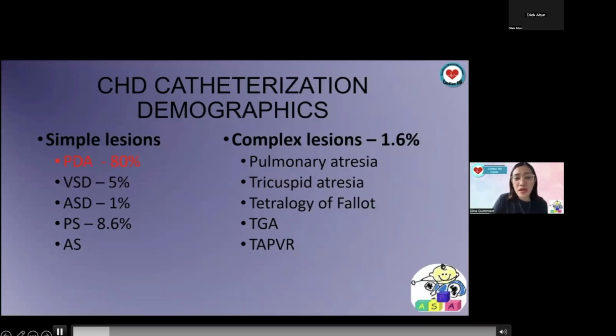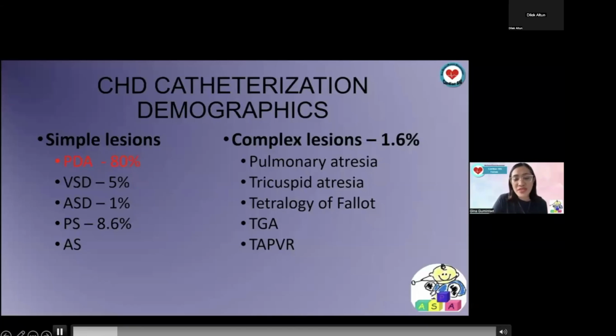This includes pulmonary atresia, single ventricle physiology, tricuspid atresia, the tetralogy of Fallot, the TGAs, the total anomalous pulmonary venous return. The simple ones, we can group them. We have the PDAs, simple VSDs, the simple ASDs, those with isolated PS, and those patients with isolated aortic stenosis.